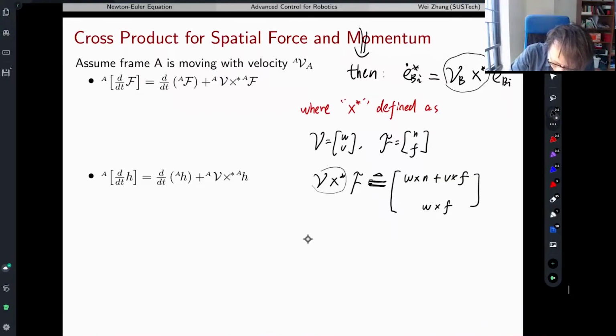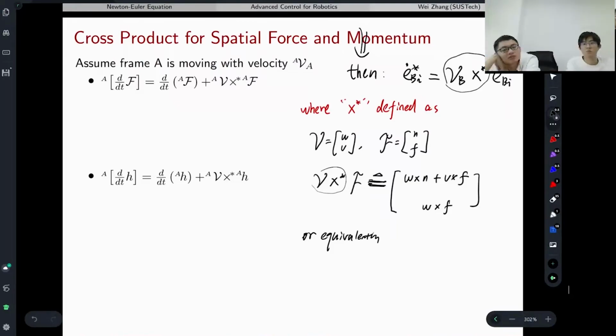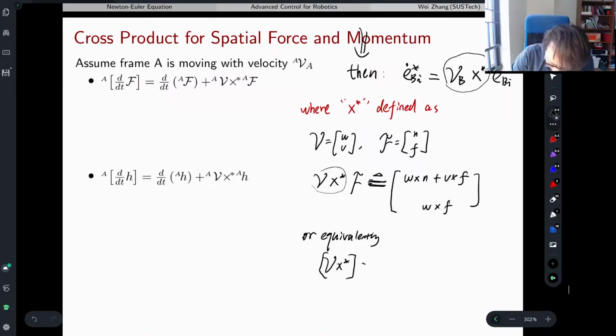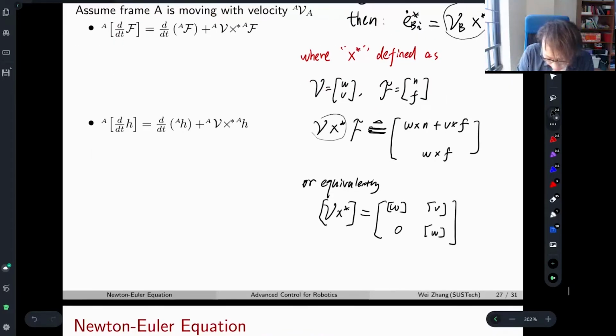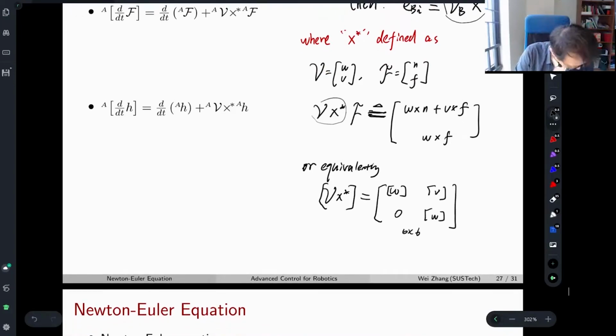Equivalently, the cross star matrix representation is omega skew-symmetric, v skew-symmetric, 0, and omega skew-symmetric. So V cross star F is almost like a 6x6 matrix times this F, giving you another vector. That's similar to the spatial cross product for twist.